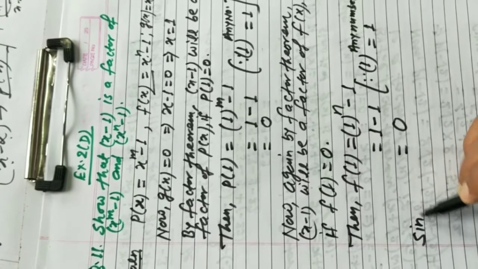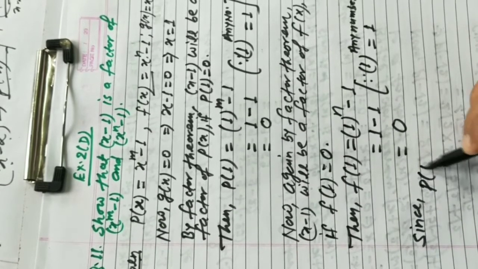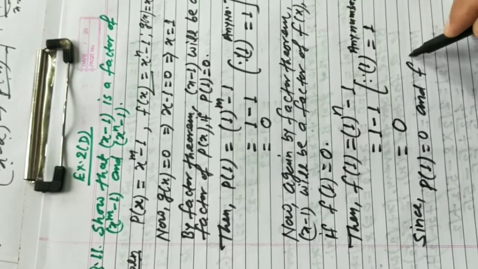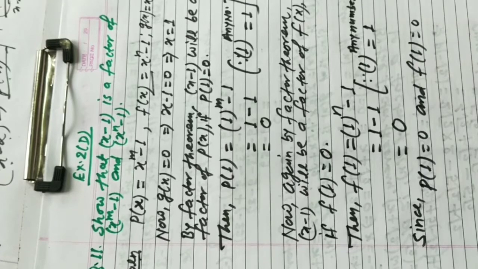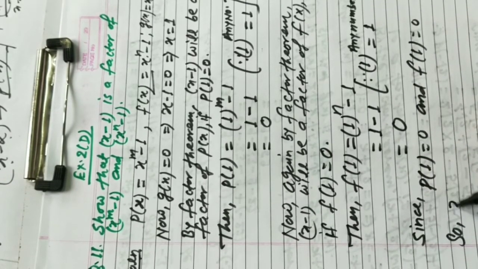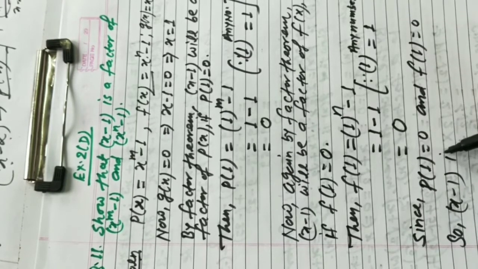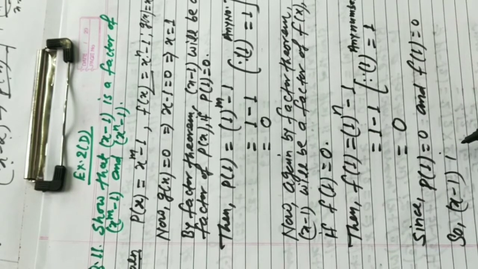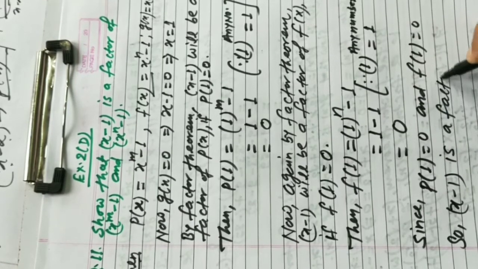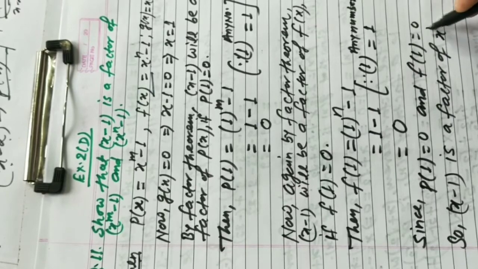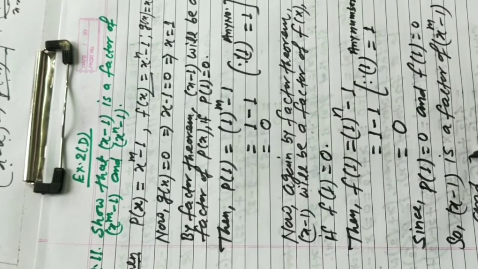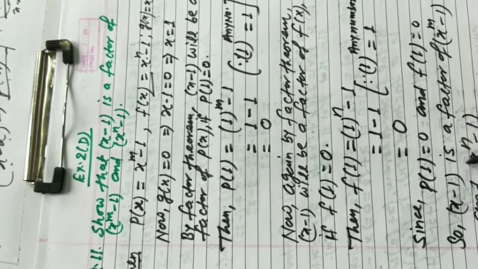So write here, since p(1) is equal to 0 and f(1) is also equal to 0, so x − 1 is a factor of x^m − 1 and x^n − 1.